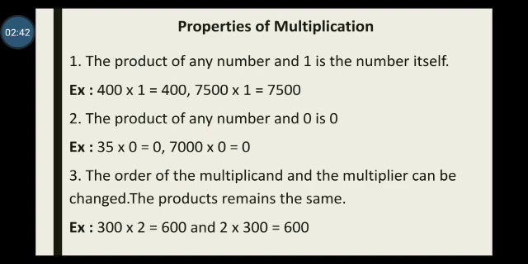Again, what do I get? 2 zeros I will write in my answer, and I will multiply 2 and 3 together. Again, I will get 6. So, can I say that the order of the multiplier and the multiplicand can be changed? The product remains unchanged. In other words, you can change the position of the two numbers which we are multiplying.